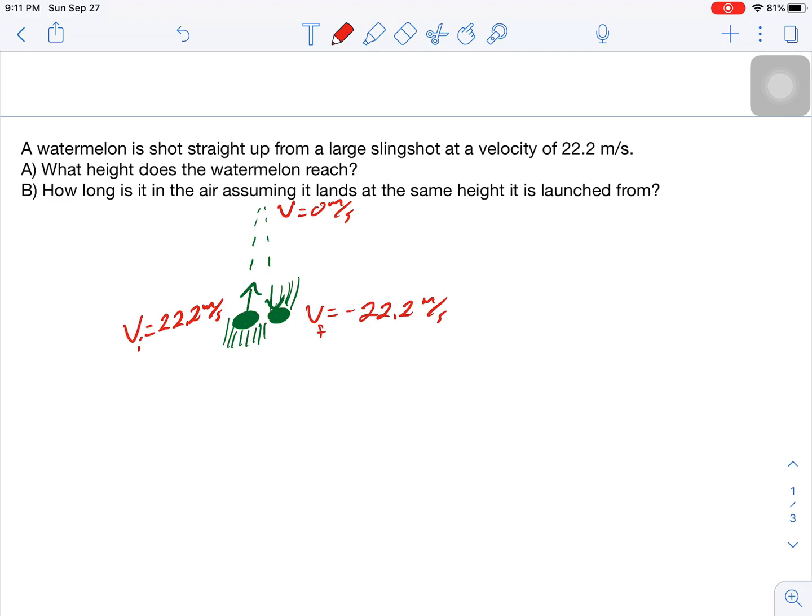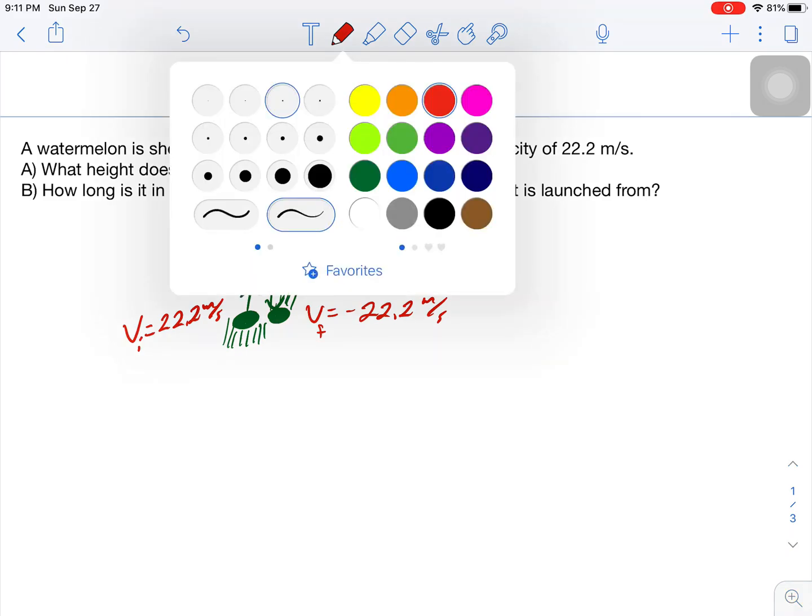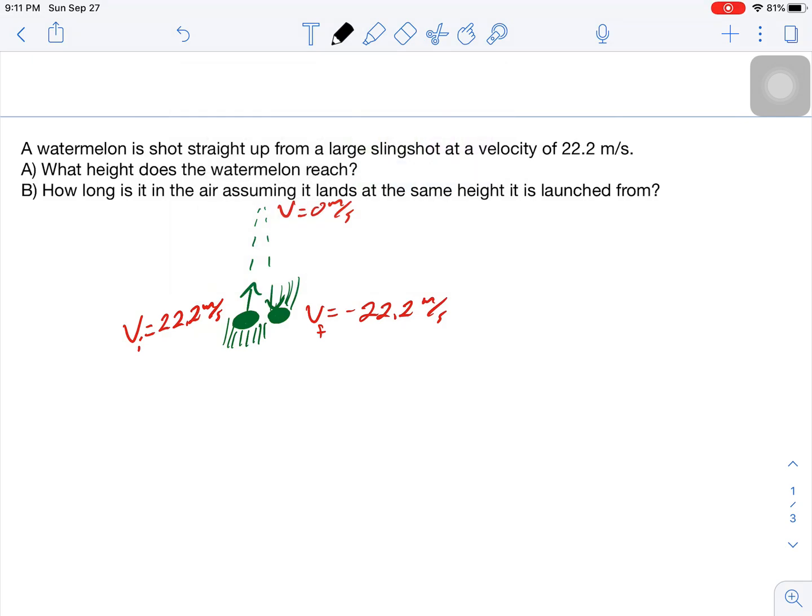So writing down our variables here: what height does that watermelon reach? I'll go ahead and include all of these. Delta y is what we're solving for. We know the initial velocity is 22.2 meters per second.